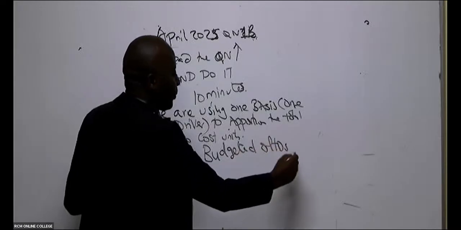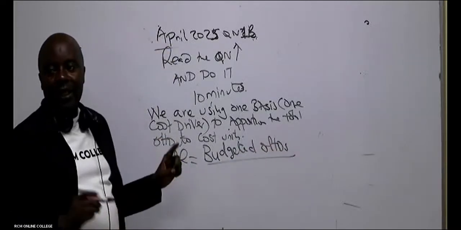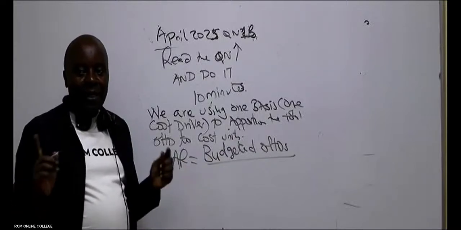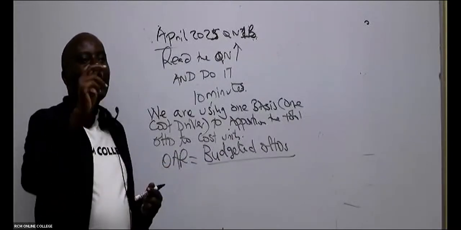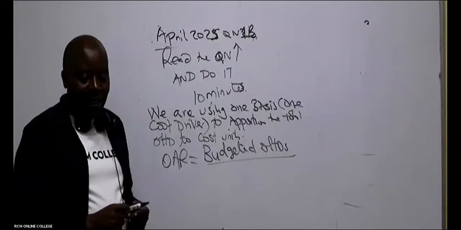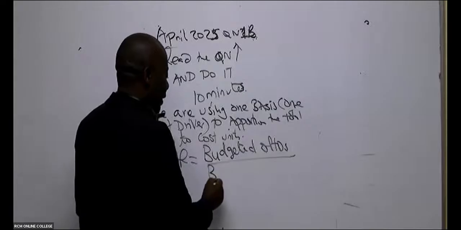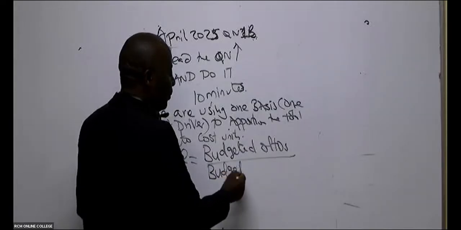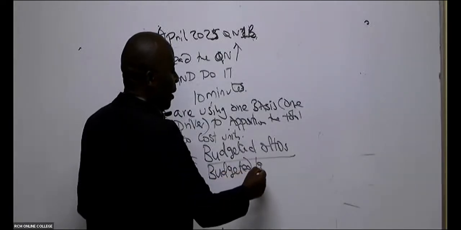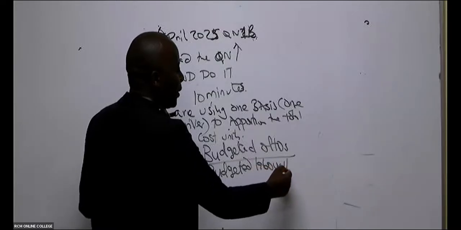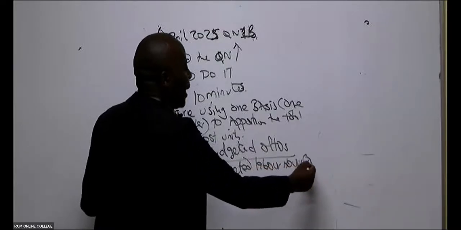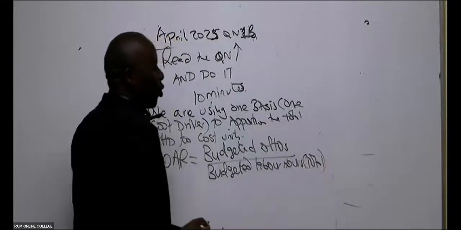We divide this by budgeted, in this case here, we know the basis, budgeted labor hours. Frank, budgeted labor hours, or cost driver. So we divide this by budgeted, they have told us what to use, budgeted labor hours. So remember that these have to be total.